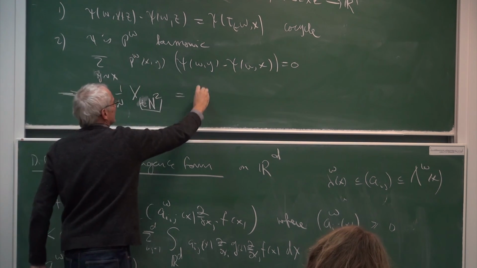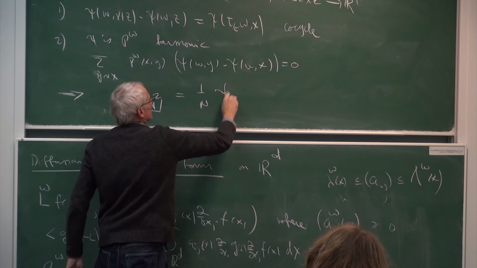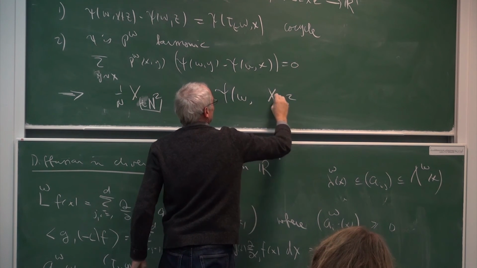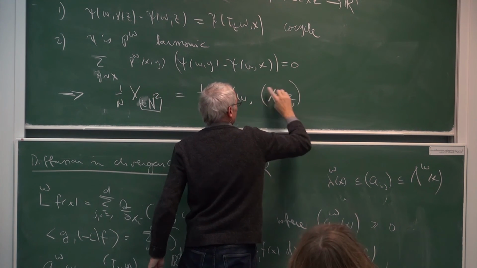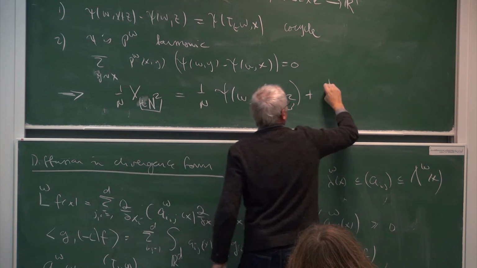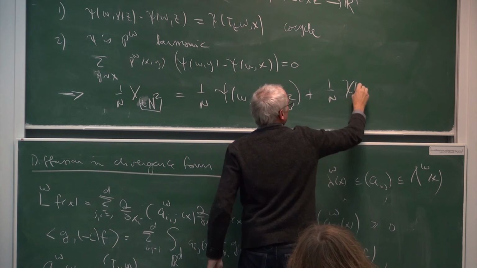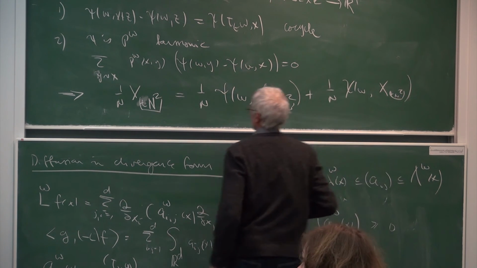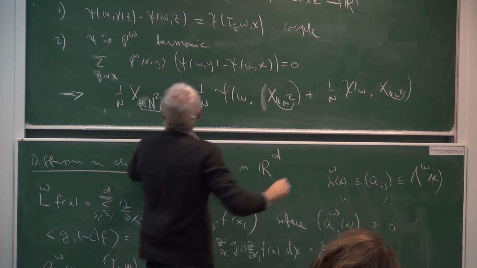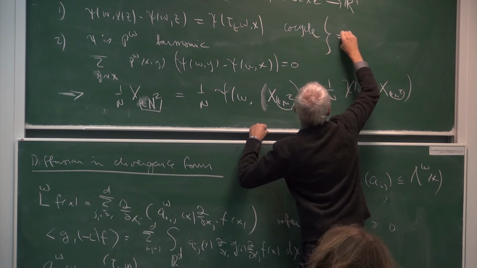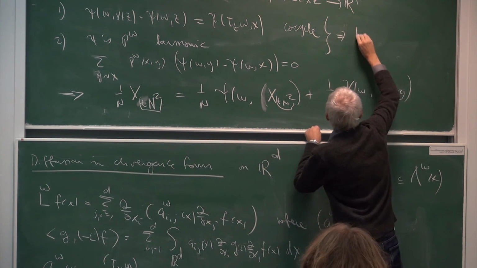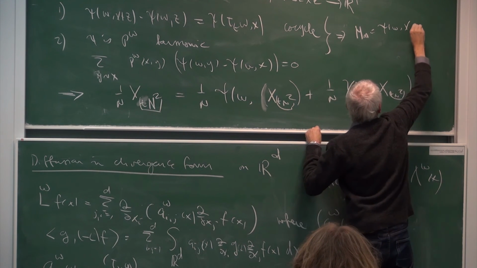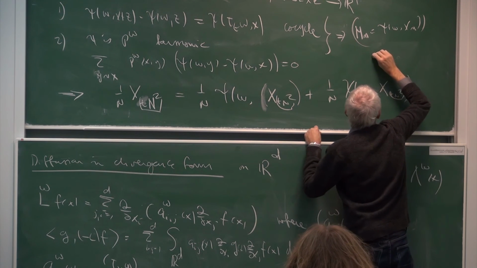Then we write this as 1 over n psi_omega of X_{t n squared}, plus 1 over n chi_omega of X_{t n squared}. Now, harmonic means that if I look at the process, I put M for martingale, which is just psi_omega at X_n, this is a martingale.